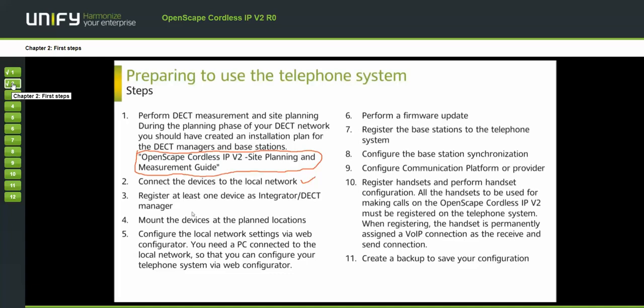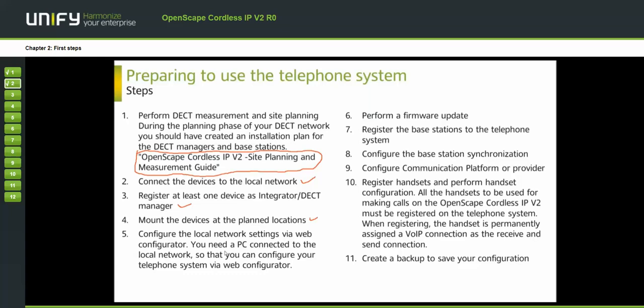Then perform a firmware update, because normally the base stations shipped will not have the most recent firmware on it. So the first thing you will have to do normally is that you update the firmware. However, we will see later that's rather simple. Then register the base stations to the telephone system, configure base station synchronization, or do this vice versa. This doesn't matter.